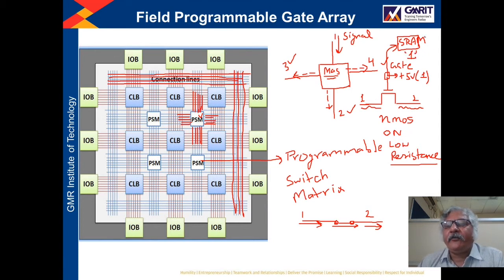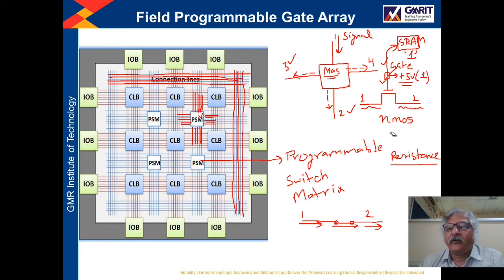So if by programming I have stored the binary 1 in this SRAM, then what will happen? This SRAM is connected to the gate, so this gate will get the plus 5 volt signal and this MOSFET will be on. And if you don't want the interconnection between wire 1 and wire 2, then you make this NMOS off.